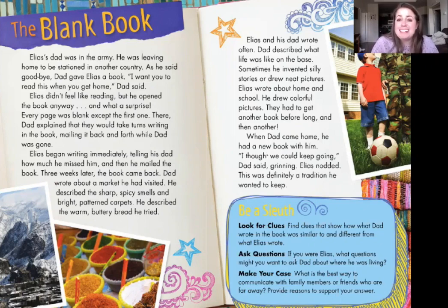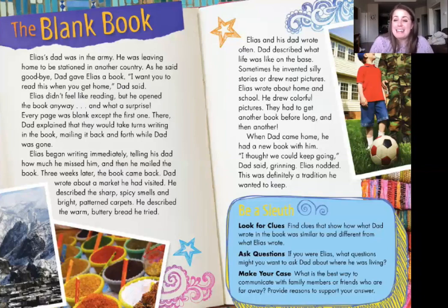Sometimes he invented silly stories or drew neat pictures. Elias wrote about home and school. He drew colorful pictures. They had to get another book before long, and then another. When Dad came home, he had a new book with him. I thought we could keep going, Dad said, grinning. Elias nodded. This was definitely a tradition he wanted to keep.